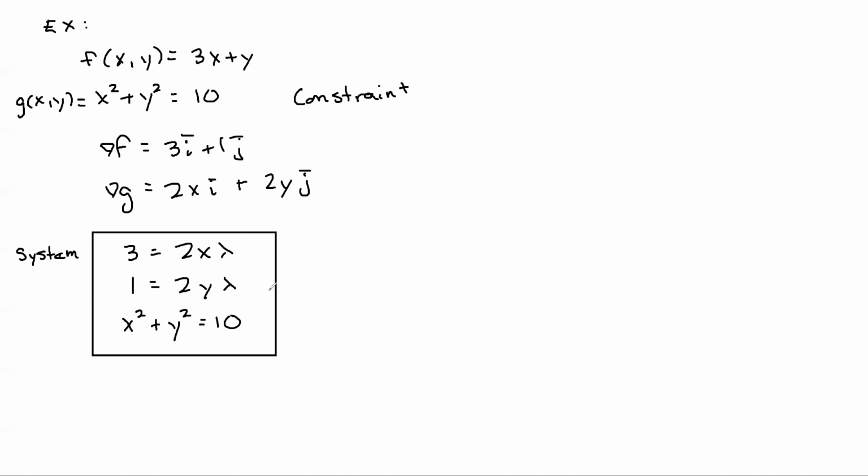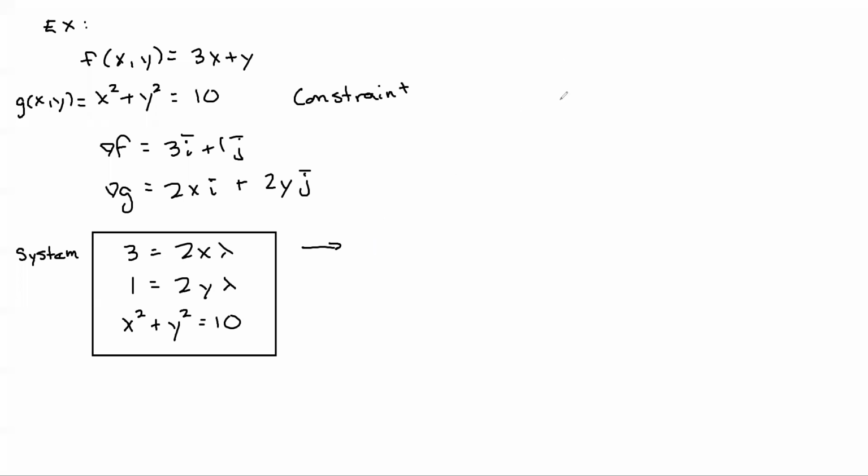What I'm going to do in this problem is solve the first equation for x and the second equation for y, and then I'll have x in terms of lambda and y in terms of lambda, and then I'm going to plug into the third equation to solve for lambda. That's just the way I first thought to do this problem. All right, so I'm going to move the 2x over to the other side. We're going to get 3 over 2x equals, hold on, I just did the opposite of what I said I was going to do.